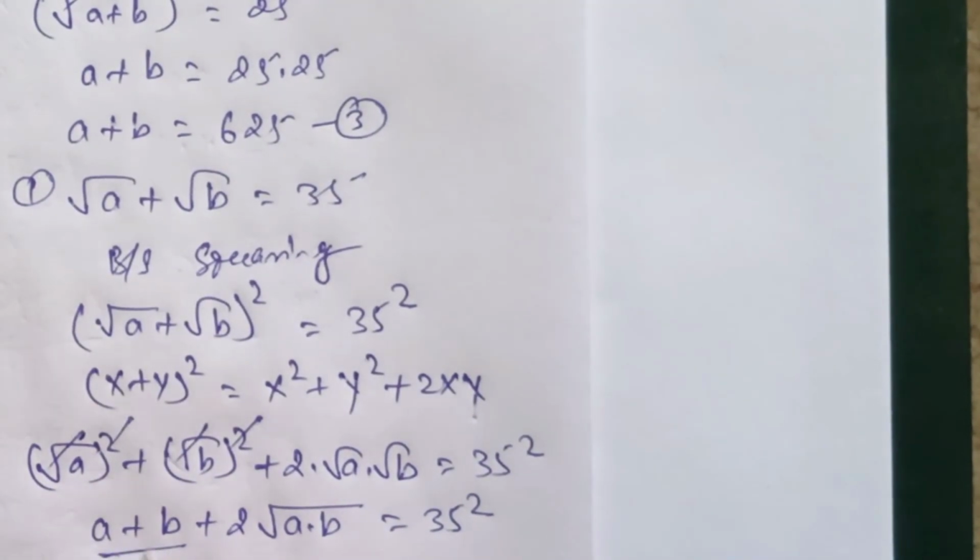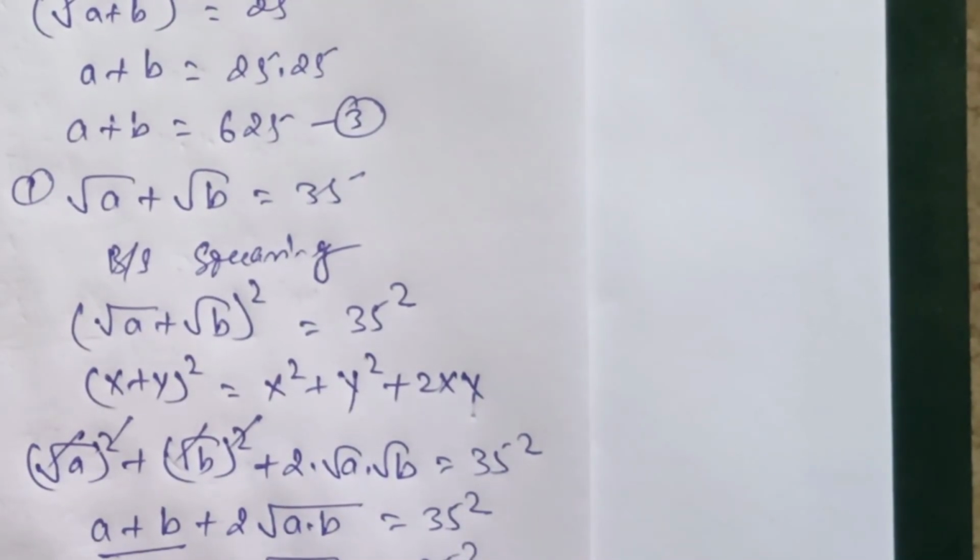From equation number 3, a plus b is 625, so 625 plus 2 into root under ab is equal to 35 square.